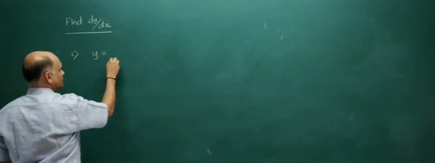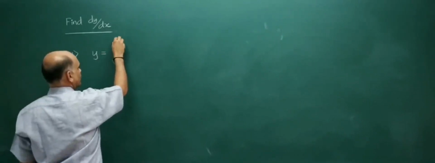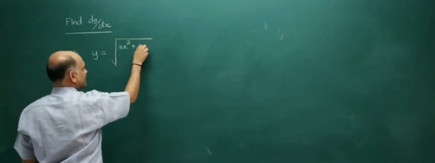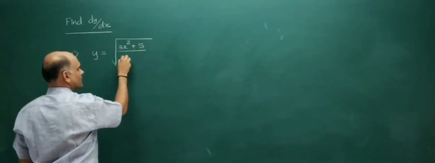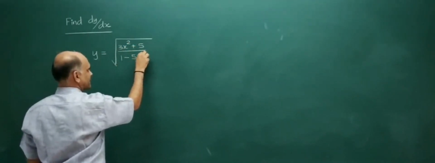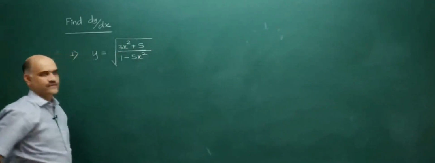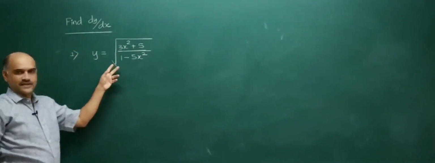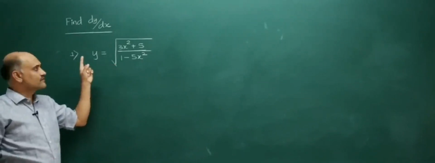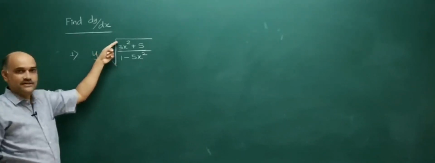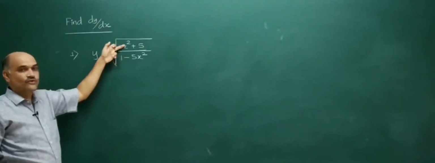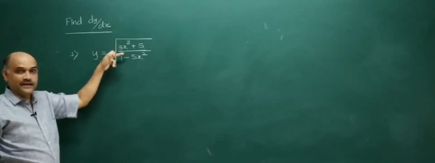Y is equal to root of 3x square plus 5 divided by 1 minus 5x square. So first we are required to differentiate root, and then inside the root you are required to apply u by v.